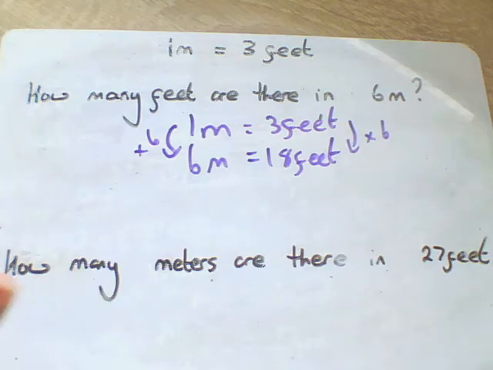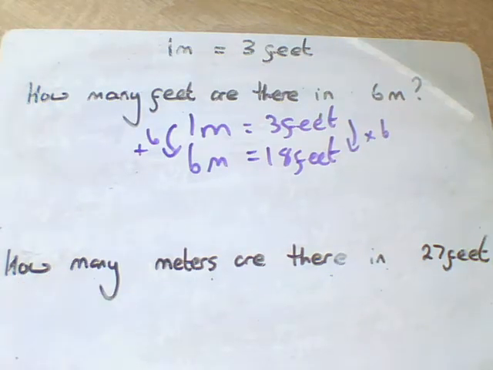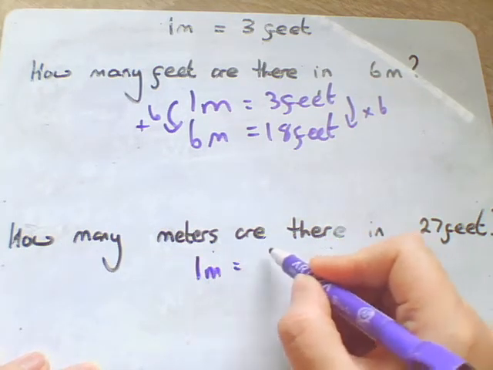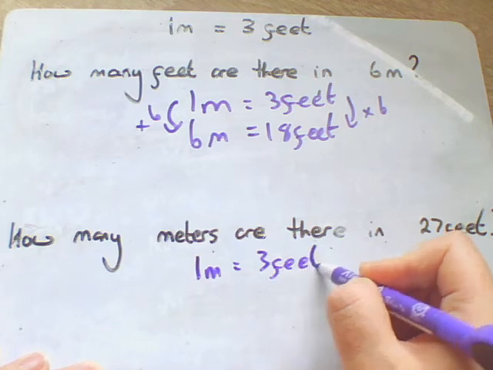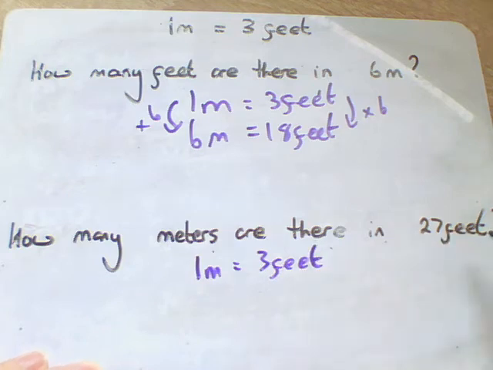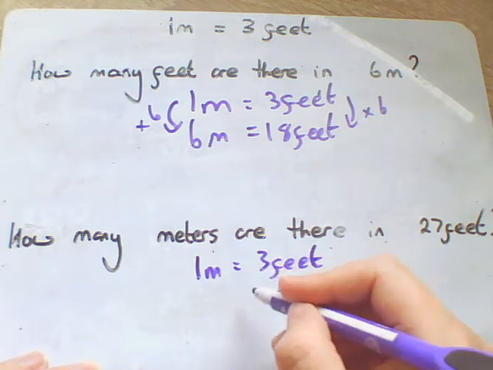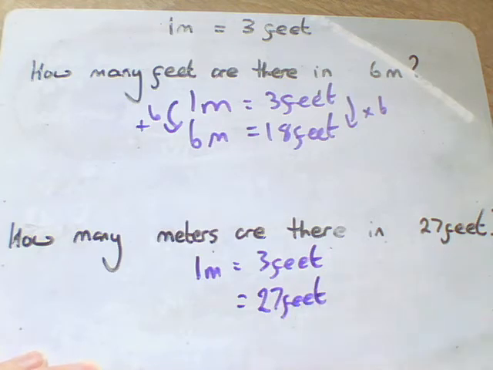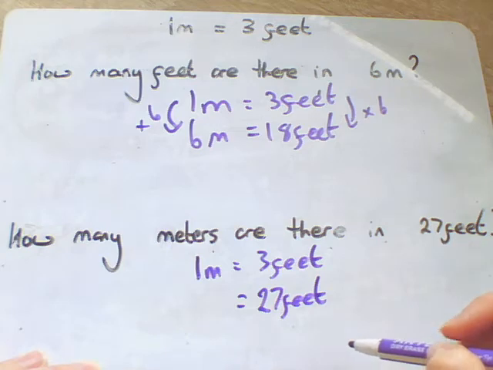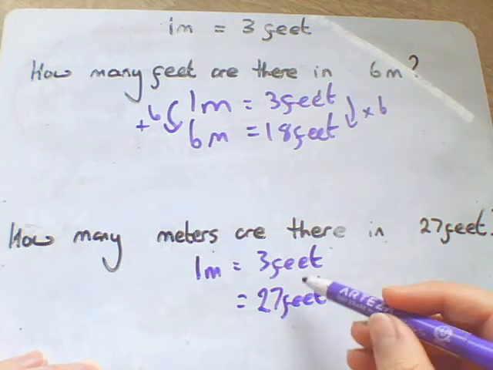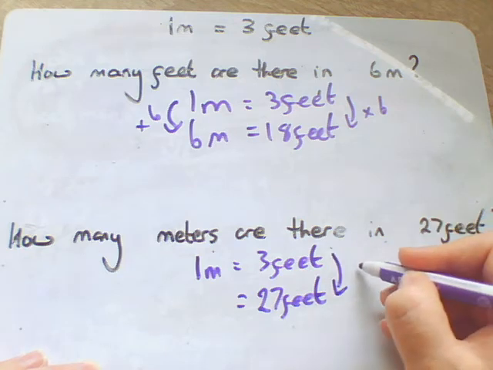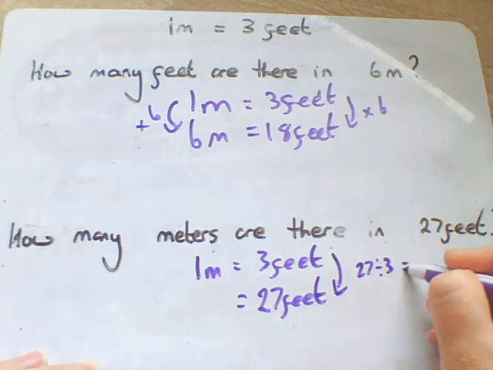The one at the bottom is slightly trickier, but not by much. Again, we know that 1 metre is 3 feet. In this case, I've been told I've got 27 feet, so I'm going to write that 27 on the feet side of my equal sign. Now I need to think, how am I going to turn 3 into 27? What's the link? The easiest way is 27 divided by 3, which is 9.